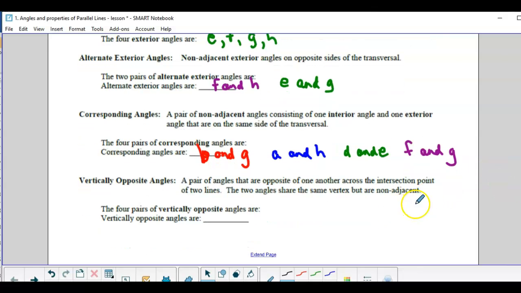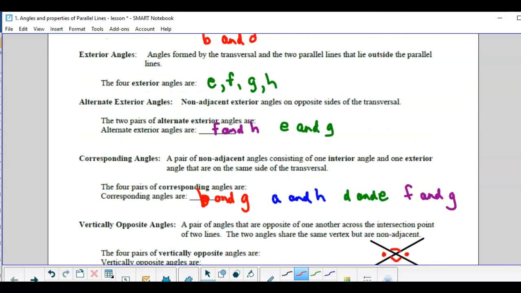Then vertically opposite angles, that's a pair of angles that are opposite of one another across the intersection point of 2 lines. The 2 angles share the same vertex but are non-adjacent. So really in this you don't need the parallel lines or the transversal. Vertically opposite, just any 2 lines that intersect, then this angle here is the same as this one. This angle here is the same as this one.